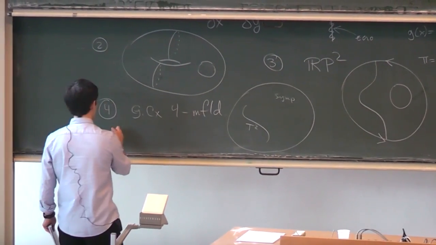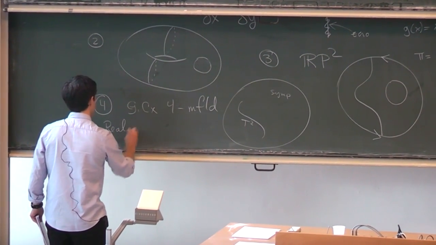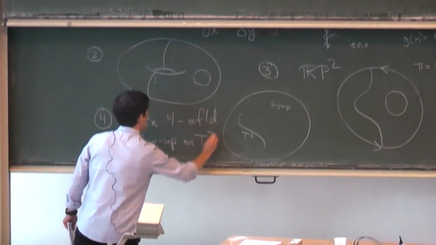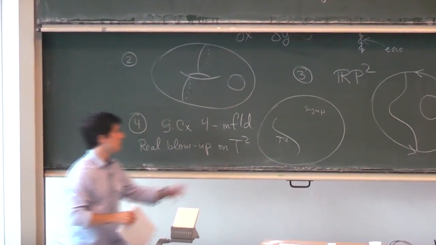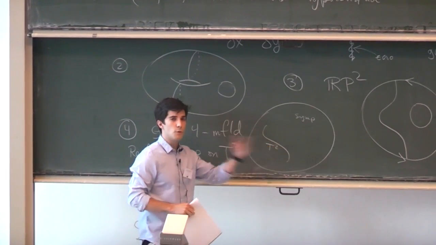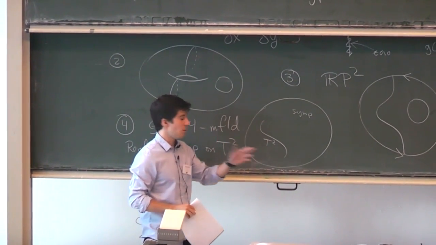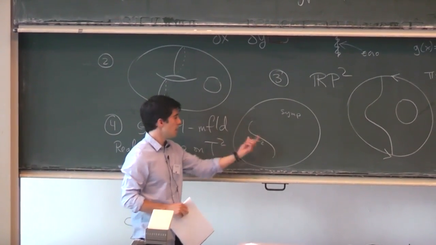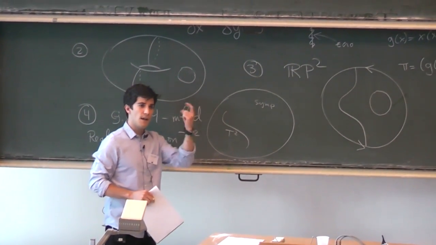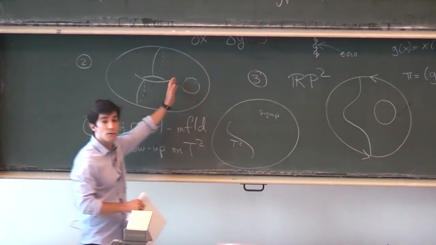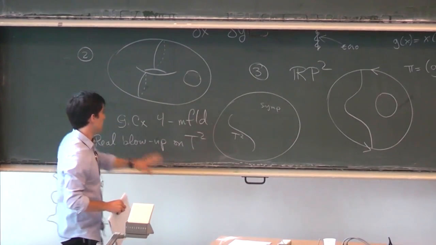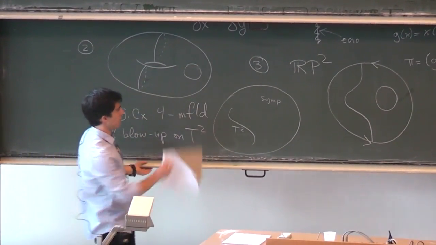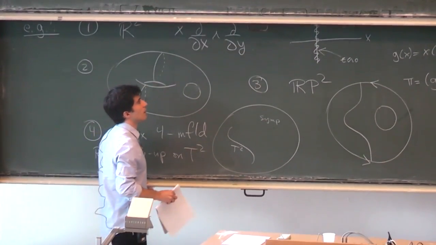And if you do a real blow-up on the T2s, these T2s in those examples have trivial rank 2 normal bundle, and so the blow-up will be just T3. You'll have a T3 exceptional divisor, and that T3 will be the degeneration locus of the log symplectic form. This is only for people who are familiar with GC4 manifolds. If not, it doesn't matter. There's plenty of other interesting examples.